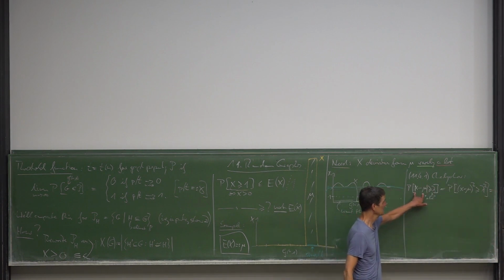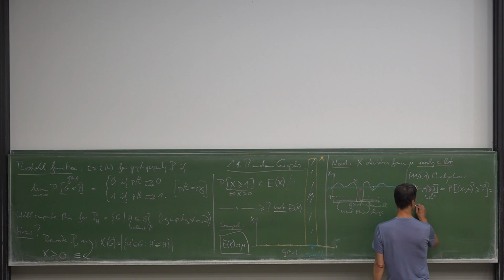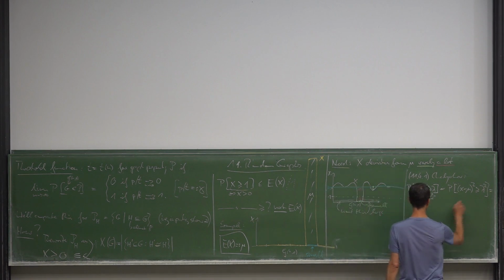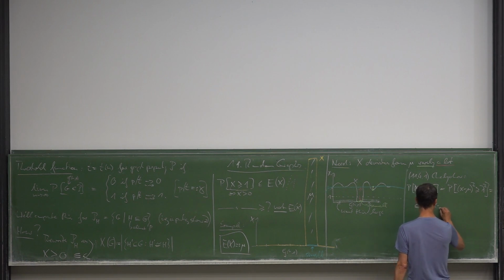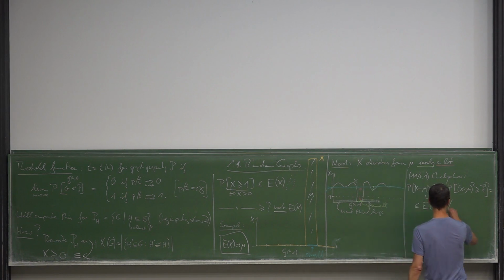This is positive, so that's the same thing. And that is bounded above by Markov's inequality, by the expectation of this, expectations of this divided by lambda squared.